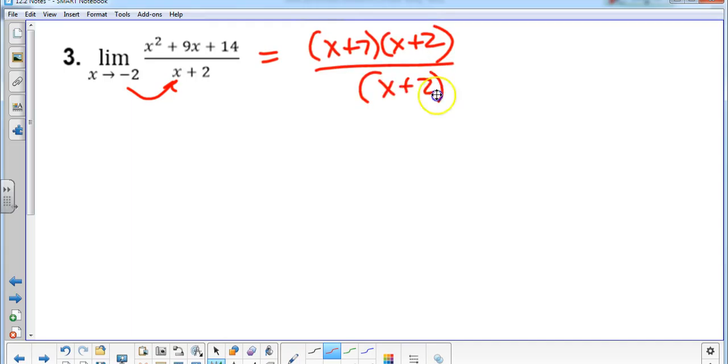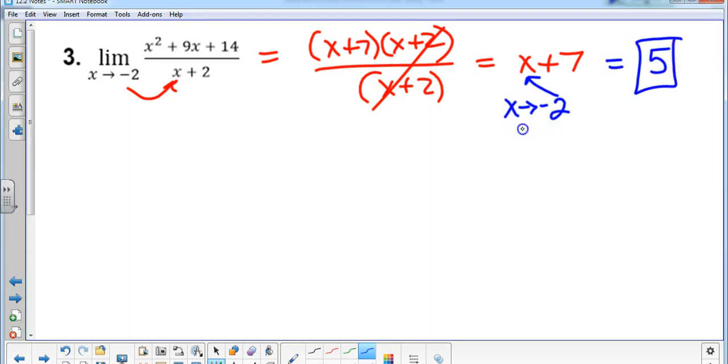So it has a hole at -2, but other than that, the graph just looks like this. It has a hole at -2, sorry. I just didn't word that properly. Other than that, we can now put in a -2 and see what it will be near that. So if I plug in the -2, what value will this approach? We're good? Positive 5? Yep.